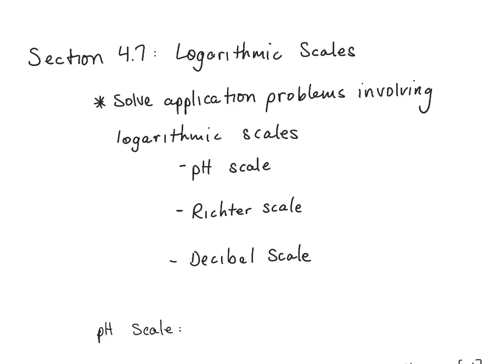Now, the reason for having a logarithmic scale is when you're measuring something, whether it's the acidity of a solution or the intensity of an earthquake or the intensity of sound, that has a very, very large span of numbers.